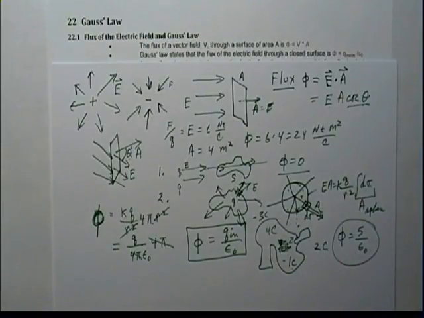5 over epsilon naught. And if you had to have a numerical value here, you can always multiply by 4 pi and divide by 4 pi, and 1 over 4 pi epsilon naught is K electric, and that would be K electric times 20 times pi. And of course, as you know, this is 9 times 10 to the 9th, and you're required to know that.